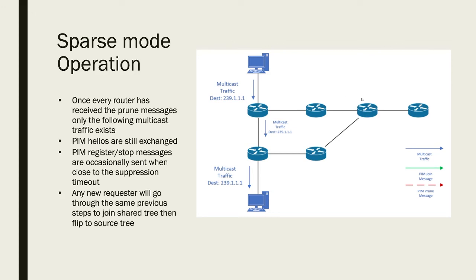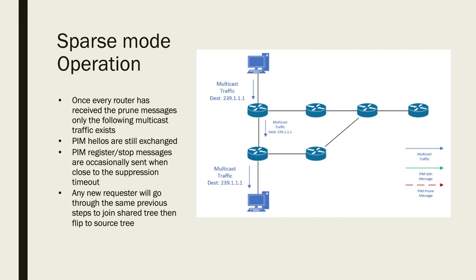That's a metric of 3 rather than a metric of 2. It's going to join towards this device, which already has the multicast state, so it doesn't need to do anything other than update its outgoing interface. It's then going to prune all of this and so on and so forth. So a slight disadvantage to sparse mode there, but obviously more efficient than things like dense mode.